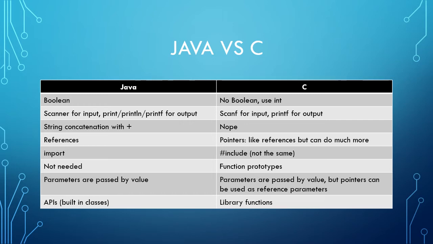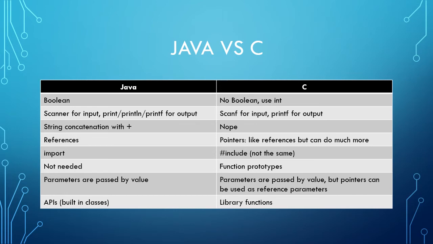In Java, we have a huge set of APIs, built-in classes of all different types, our collections for interacting with databases, for networking, user interface development, all kinds of things. In C, we have a bunch of library functions that are available for us to call.